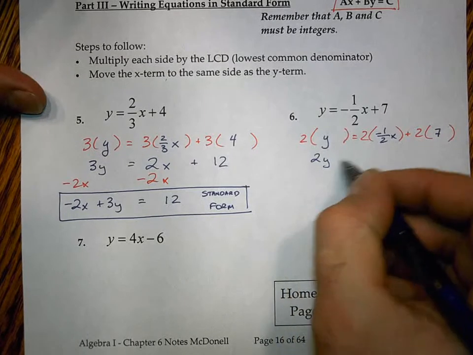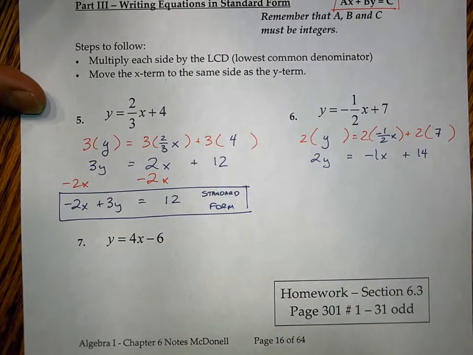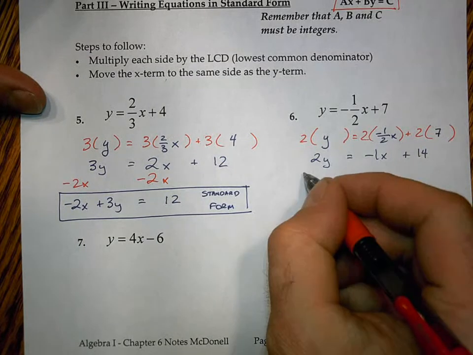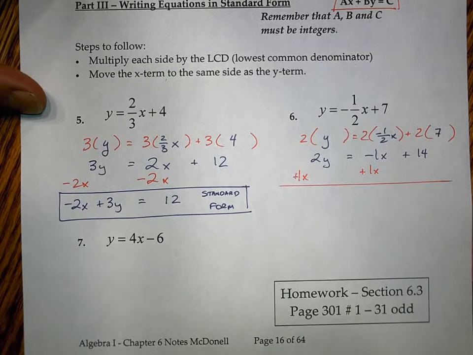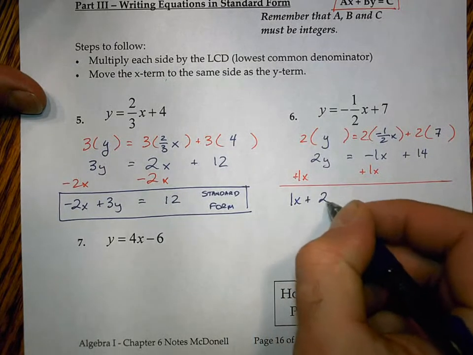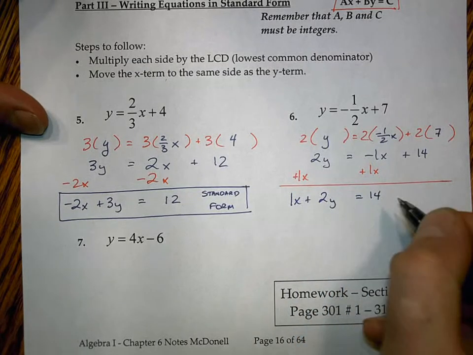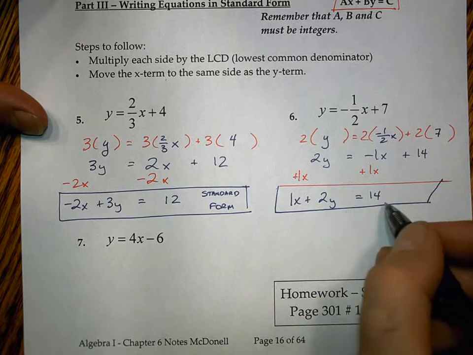That gives me 2y equals negative 1x plus 14. To get the x's and y's on the same side, I'm going to add 1x to both sides of the equation. That gives me a result of 1x plus 2y equals 14. Once again, they're all integers, and so this is standard form.